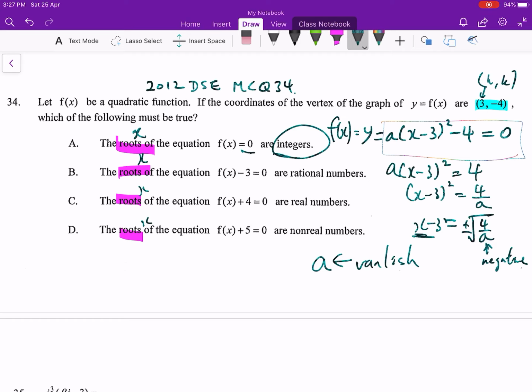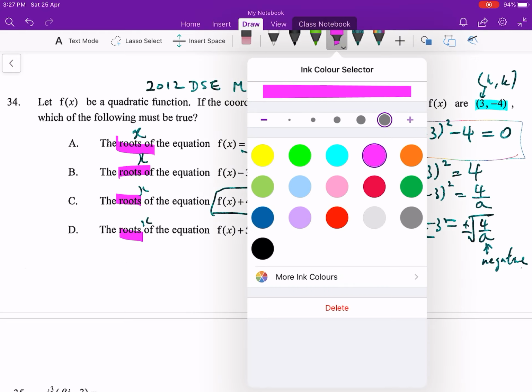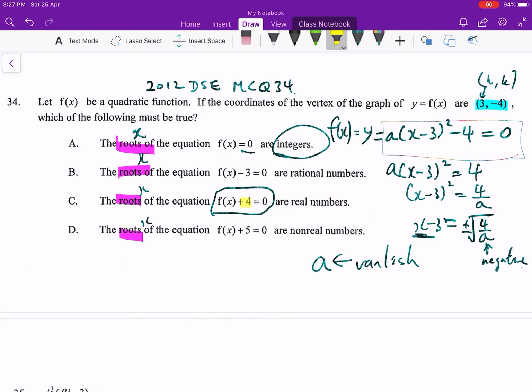So let's check how you can make a vanish for the rest of the three answers. Take a look at the third one. Can you see there's a 4 here, which is the opposite sign of this number? So this gives you a hint that maybe this is the answer. Let's check it out.